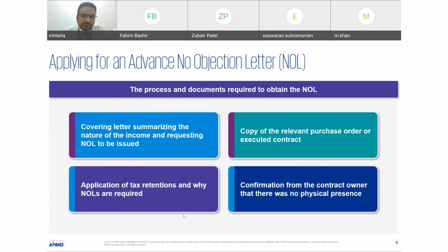But even then, as we highlighted earlier, it's a 4 to 6 week process, even when it runs smoothly. So the submission is made, we go to the tax authority, we follow up with the ministry officials to make sure that the process is managed and any queries are answered. Subsequent to which the NOL is issued. And these days, obviously, the NOL is in electronic form.